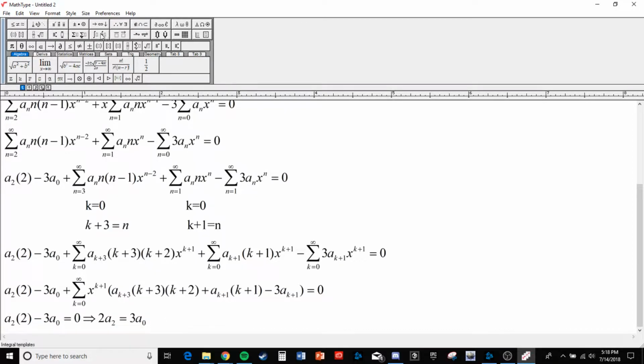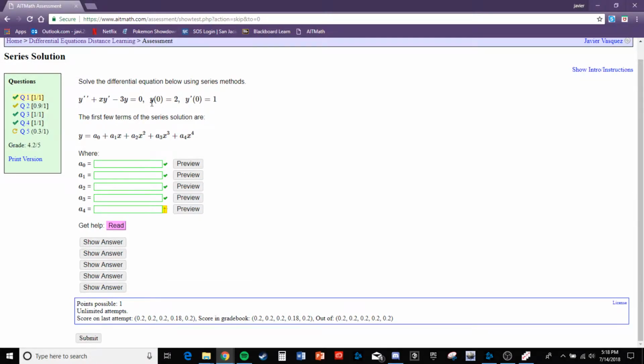Alright, now that we've done that, we were told that y of 0 equals 2. We can use this as our a sub 0, and we can actually use this as our a sub 1. So right off the bat, we're actually given 2 out of the 5 answers that we're asked for.